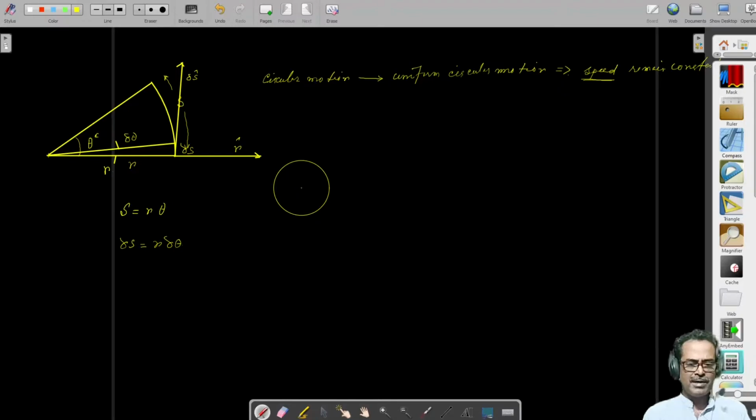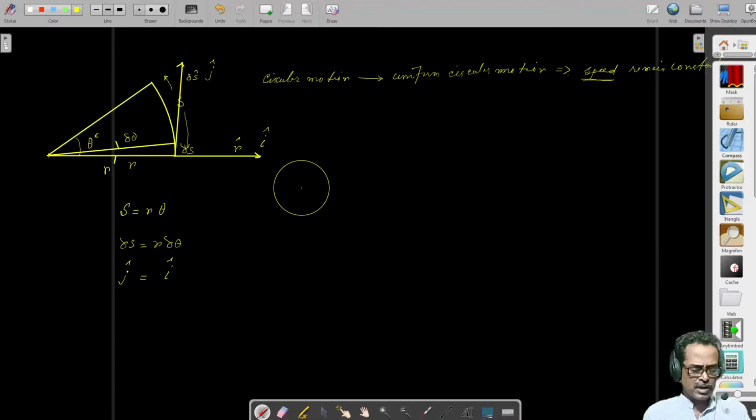Now, what will be the direction of del theta? What is the direction of the angle? Considering this is the I direction and this is the J direction, so when we get J and this is I, it must be K. Clear?